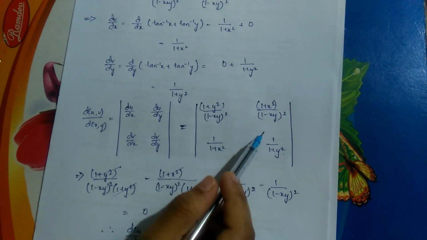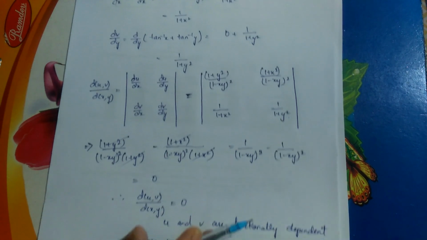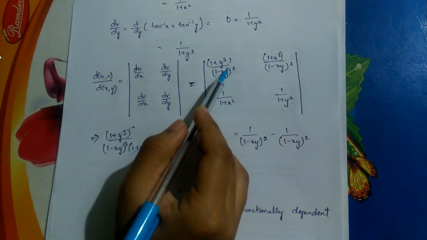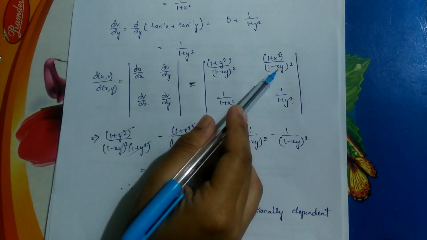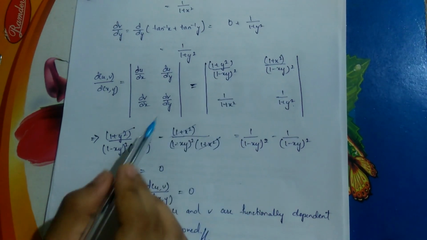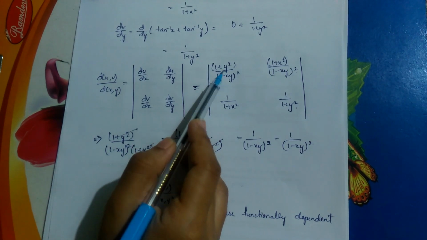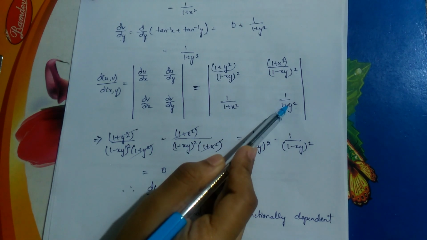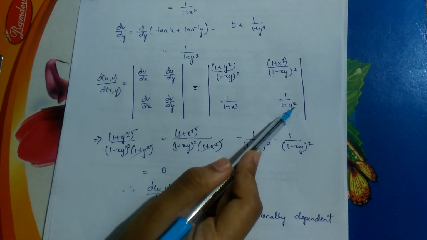Now it comes to the determinant part. Like a, b, c, d, we multiply these two and subtract the product of these two elements. That equals 1 plus y square by 1 minus xy whole square multiplied with 1 by 1 plus y square.